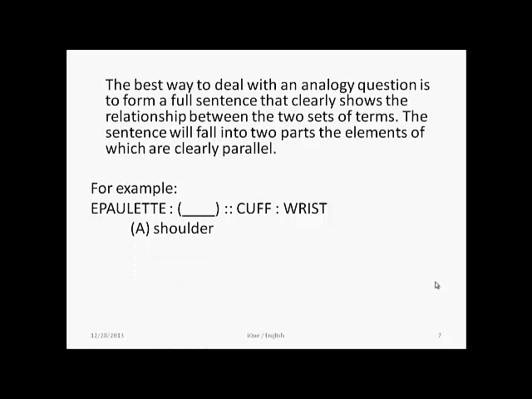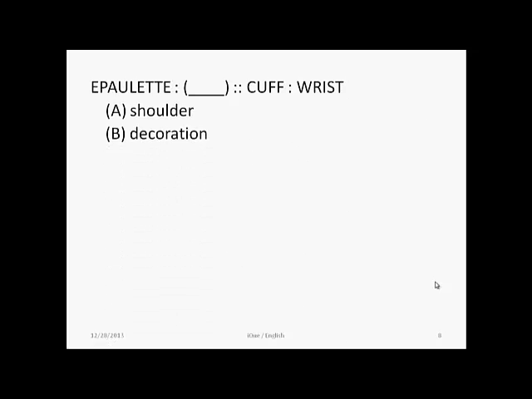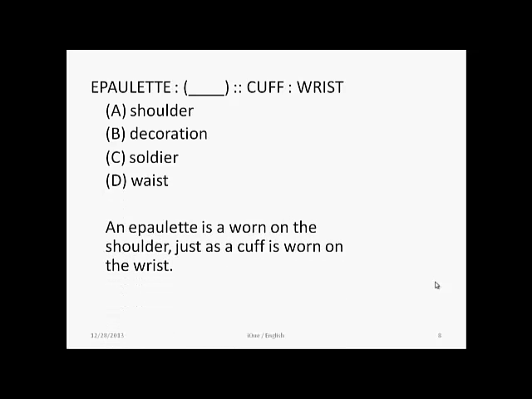The options given are shoulder, decoration, soldier, or waist. We can come up with the sentence, an epaulette is worn on the shoulder just as a cuff is worn on the wrist.